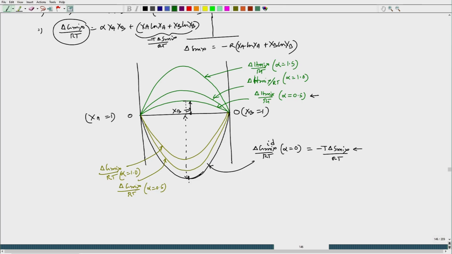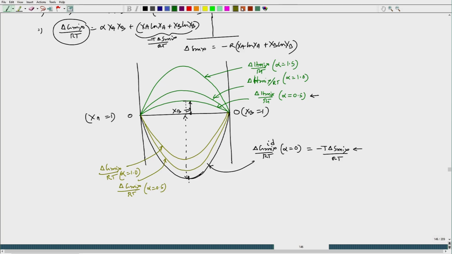Now, I could see that the midpoint del H mix by RT value is coming closer and closer to delta G mix Id by RT, or minus T del S mix by RT. So, we have a situation like this.